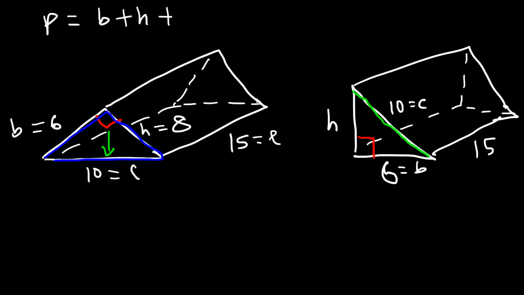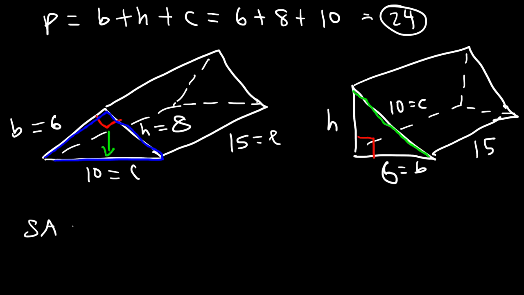It's not the length of the prism, it's the hypotenuse of the triangle. We have to add this value to it. So B is 6, H is 8, and C, the hypotenuse of the triangle, is 10. 6 plus 8 is 14, plus 10, that's 24. So that's the perimeter. Now we can find the surface area.